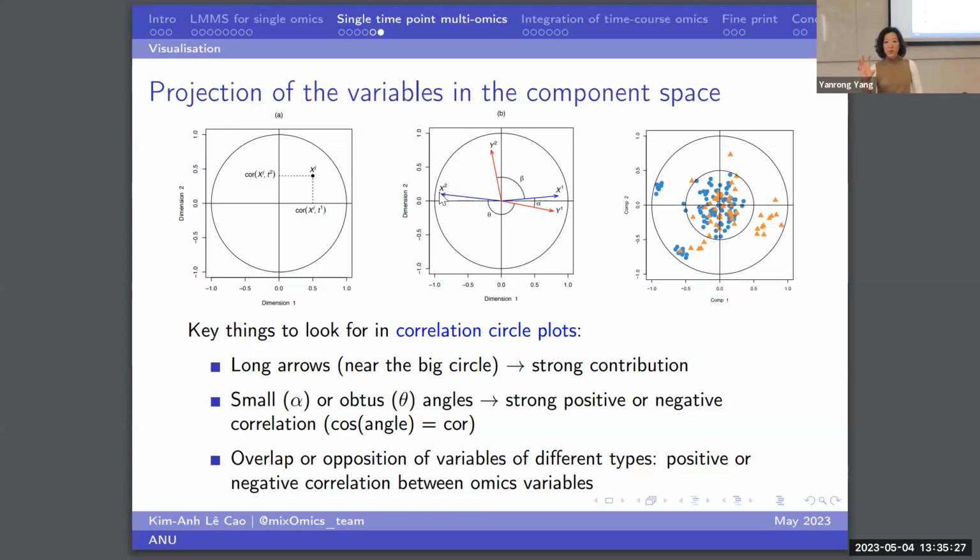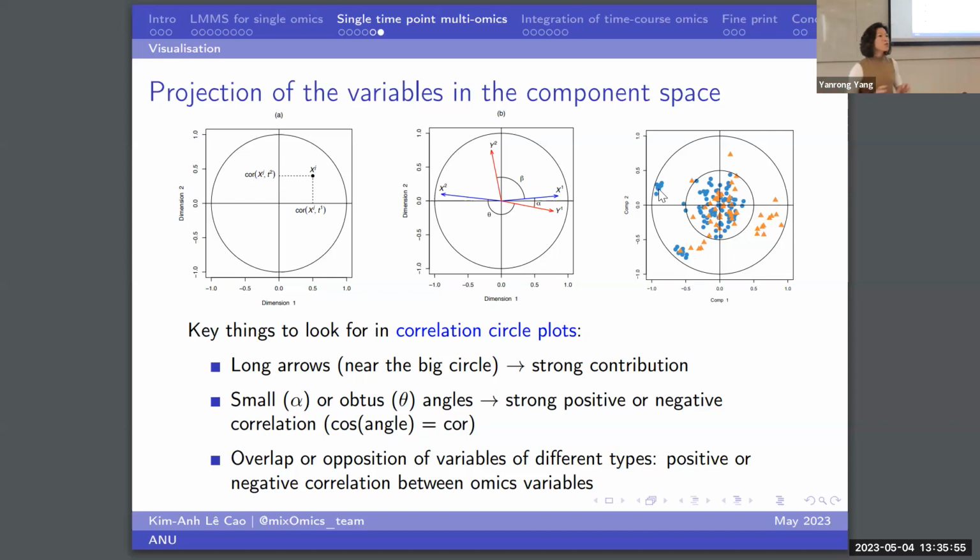So you can imagine you calculate this for every variable you've selected in the method. And here I'm showing you the results when we integrated 2 data sets, the orange data set and the blue data set. I'm not showing any arrows anymore because it gets busy, but you can see there's a set of orange variables that are highly correlated together. They are negatively correlated with some blue genes.